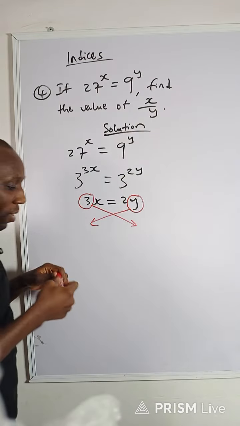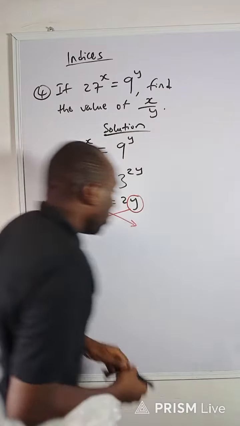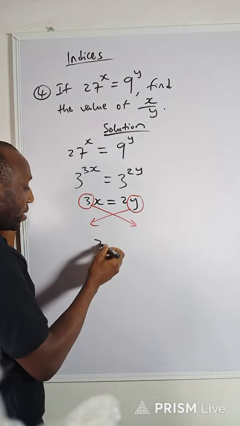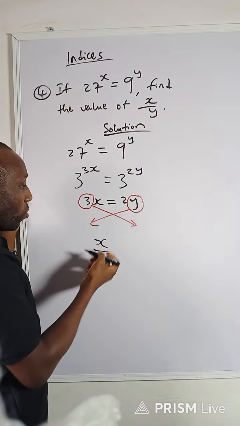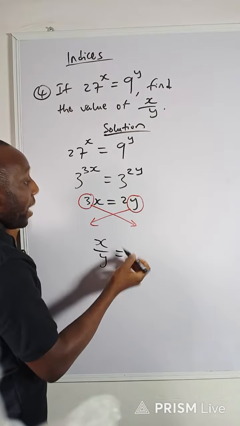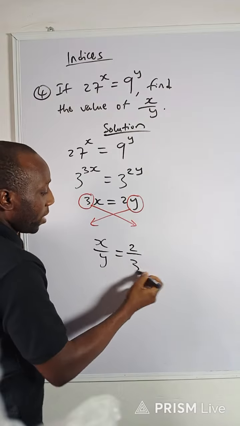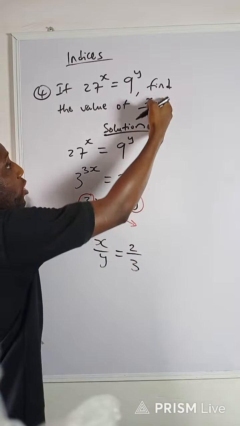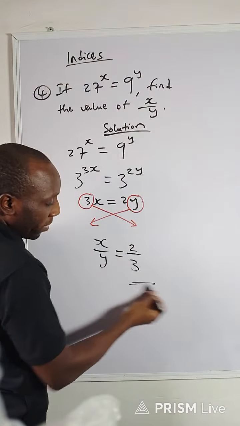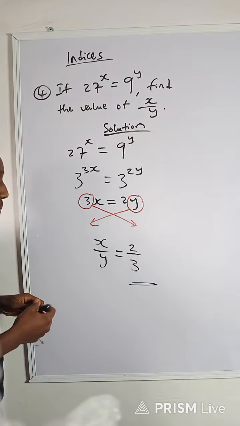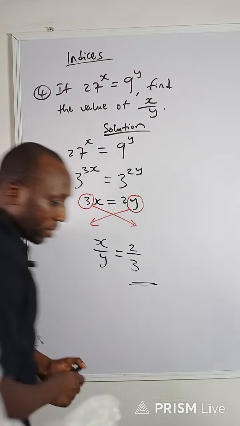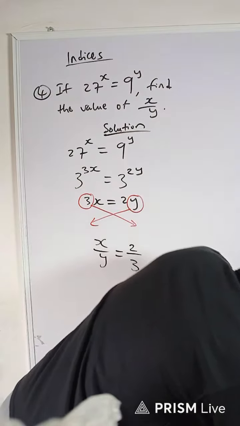It's like dividing both sides by y and then by 3, but done in a quicker way. So the value of x over y is 2 over 3. For those of you that said 2 over 3, thumbs up. You got it right.